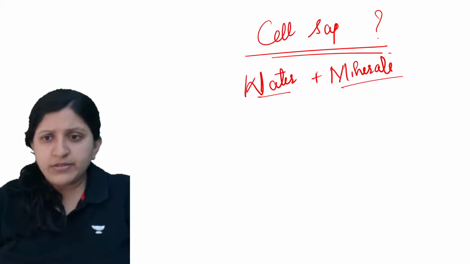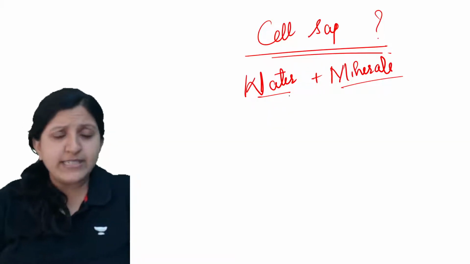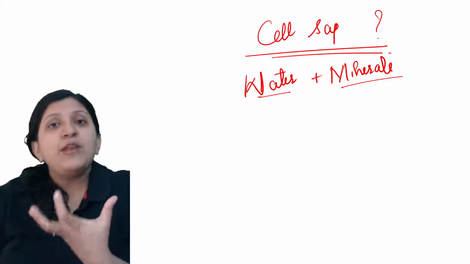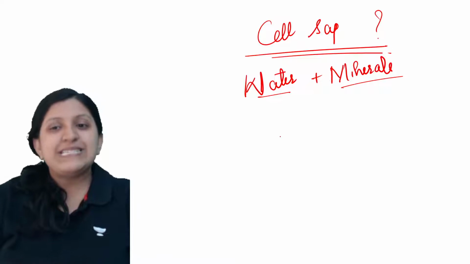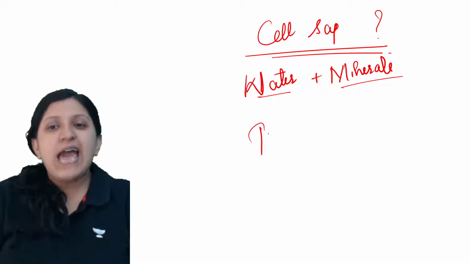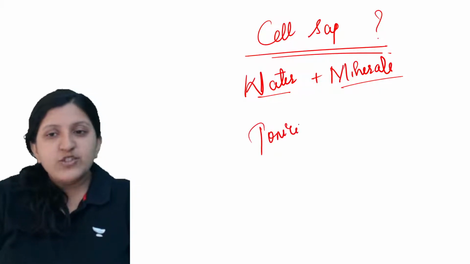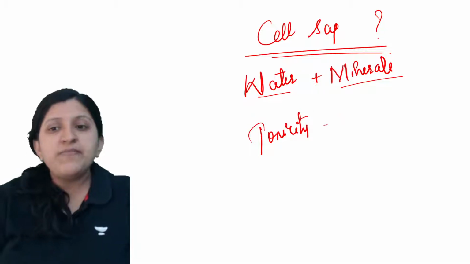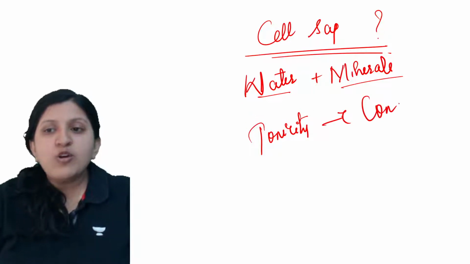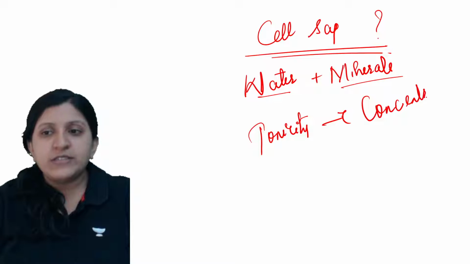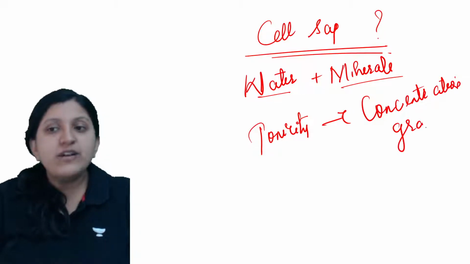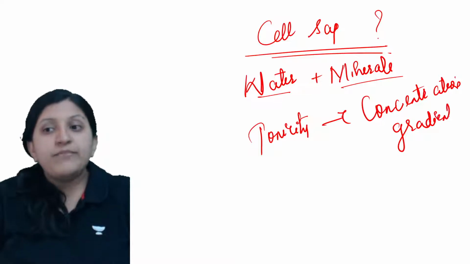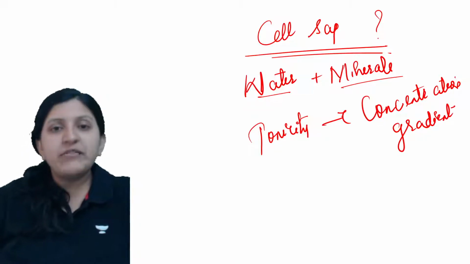Now in order to absorb the water and minerals, the tonicity has to be maintained. So there has to be a concentration gradient, that is, a concentration difference, and only then can you see the movement. Otherwise there is no movement.